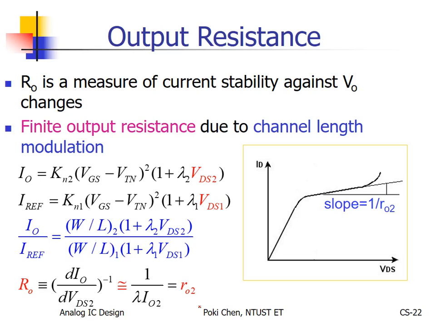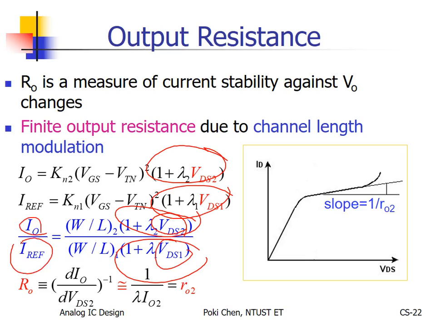Anyway, for output resistance, you need to consider what? Channel length modulation. I told you already, so you have this term, I have that term. To match the output current to the input, you need to promise me, even though they are assumed to be exactly identical, even with such an assumption, you still need to promise me that to make I out totally equal to I reference, VDS2 needs to be exactly the same as VDS1.